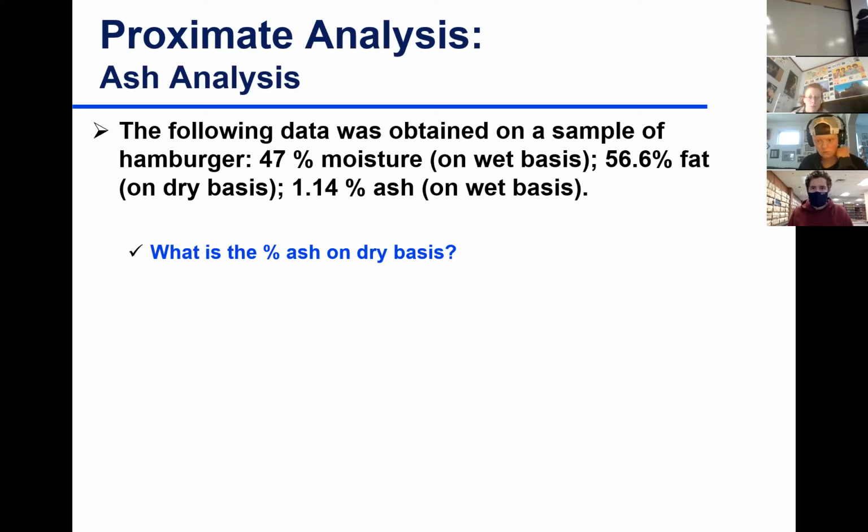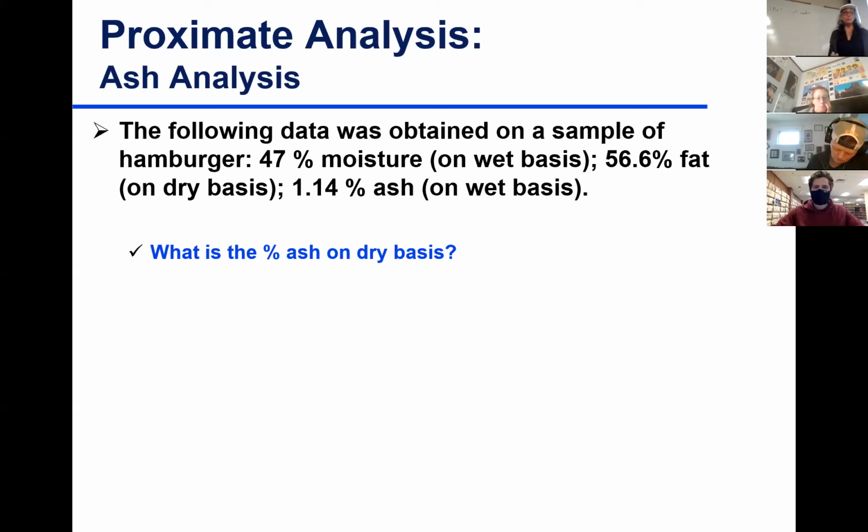2.5%. So let's see, we've got an answer. Let's try to solve this together. So what's the given? The given is I have 1.14% ash, and then I have 47% moisture.